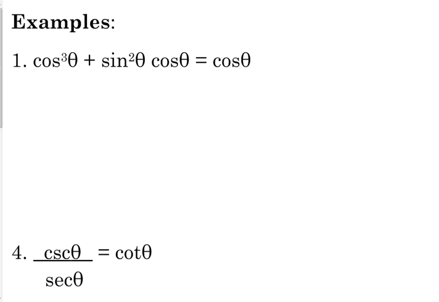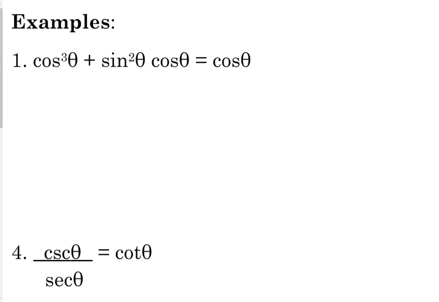So it looks like an equation, but we're not actually trying to solve for theta. I repeat, we are not trying to solve for theta. What we are trying to do is prove that all this stuff on the left side is equal to what's on the right side. Can we rewrite the stuff on the left side so that it's equal to the right side?